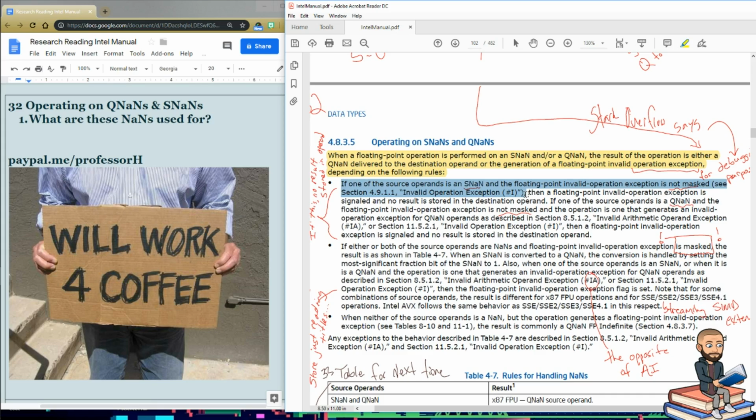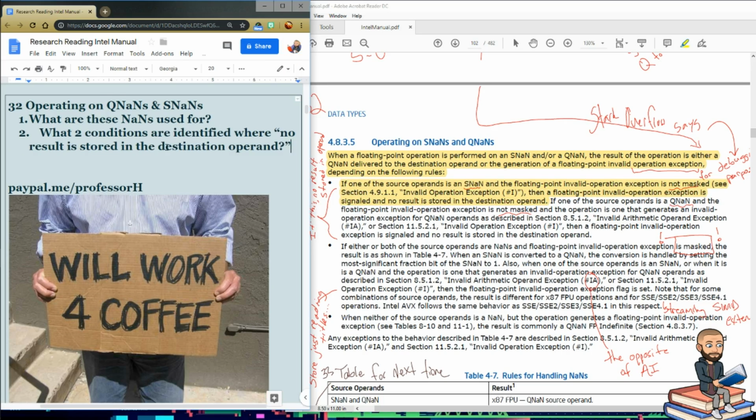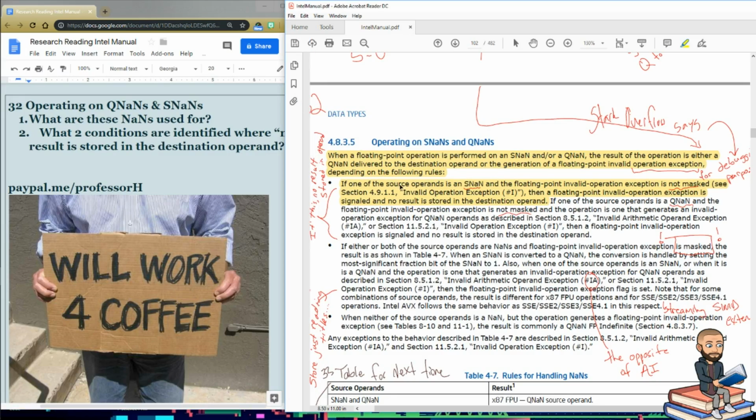Well, if the source operand is an SNaN, then a floating point invalid operation exception is signaled and no result is stored in the destination operand. So maybe an awkward sounding question, but what two conditions are identified where no result is stored in the destination operand? Condition one is the source operand is an SNaN, and then don't forget about this other part like I just did. This other part says that the floating point invalid operation exception must be not masked.